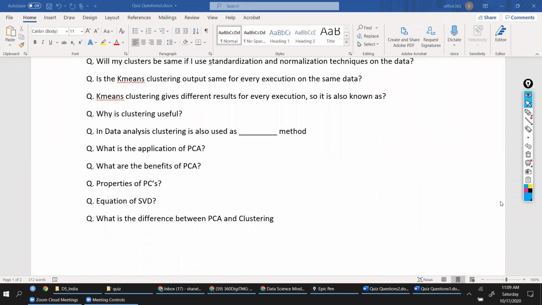So clustering is creating homogeneity in your data by grouping similar records. In PCA, we are dealing with the columns, the features.